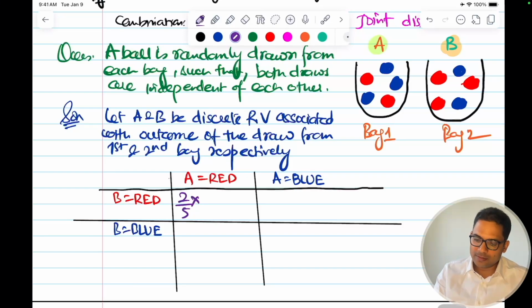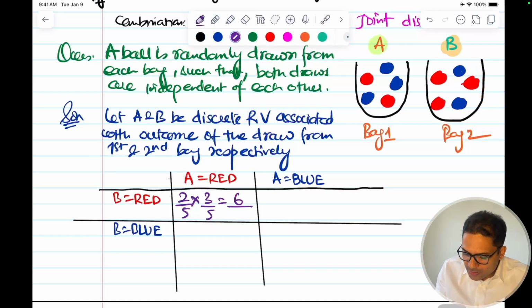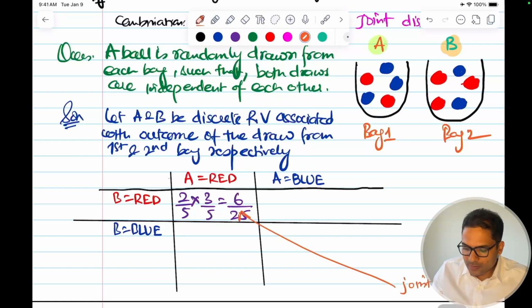And what is the probability of drawing a red ball from this bag too? There are 3 red balls out of 5, so this will be 3 by 5. So what is the total probability? 6 by 25, and this is nothing but our joint probability.